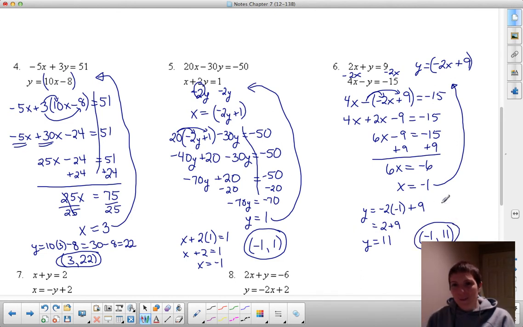Hopefully you're getting the hang of substitution when you have one solution. Our last two problems are going to be situations where we have either no solutions or all solutions. So let's take a look at our last two problems.